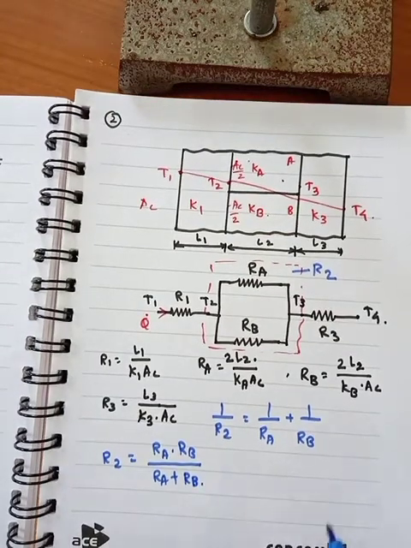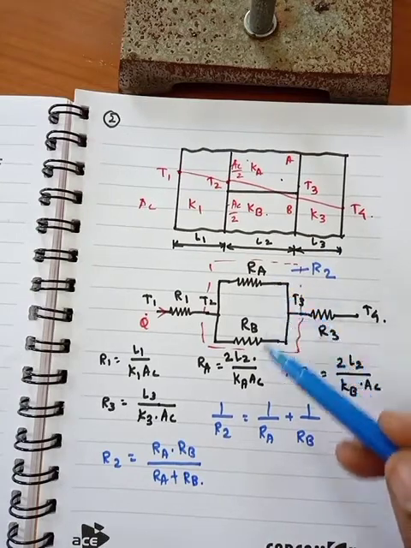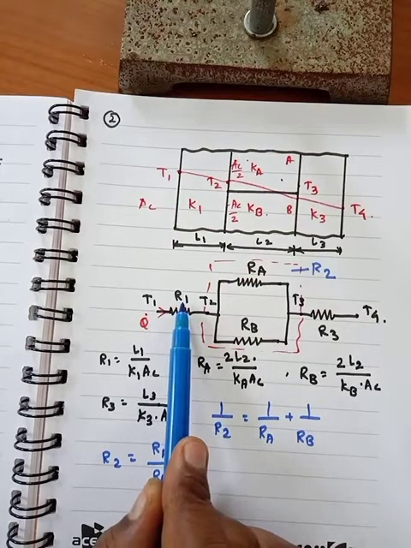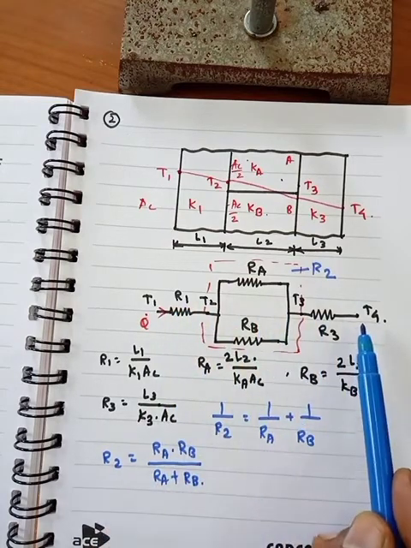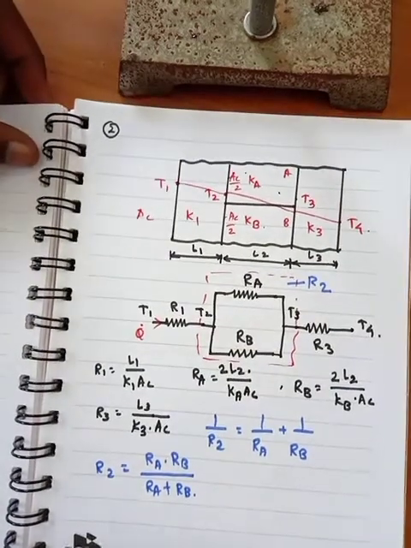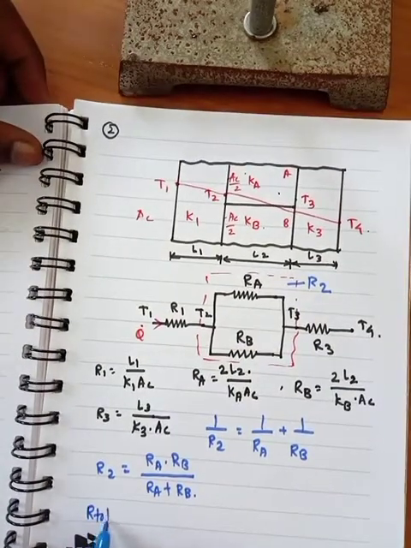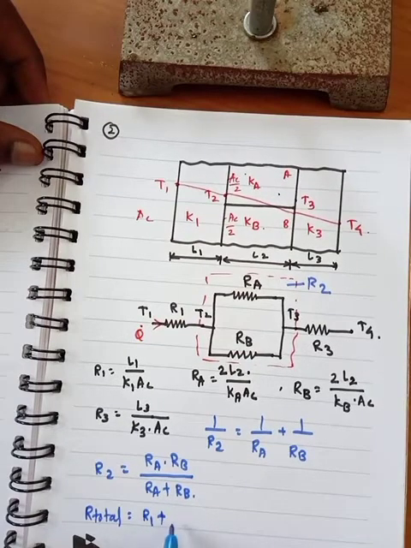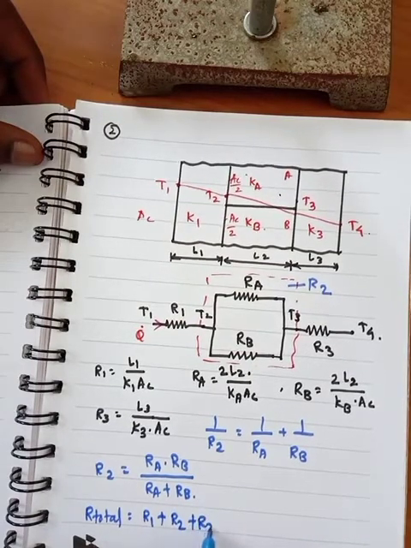These two parallel resistances we have converted into one resistance. And the first resistance, the second and the third resistance are in series, so the total thermal resistance is equal to R1 plus R2 plus R3.